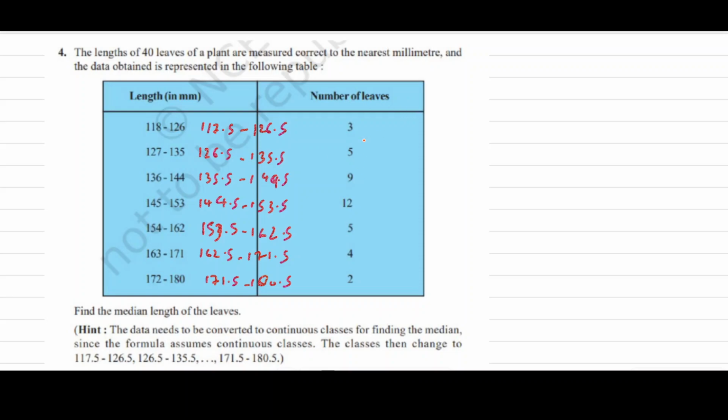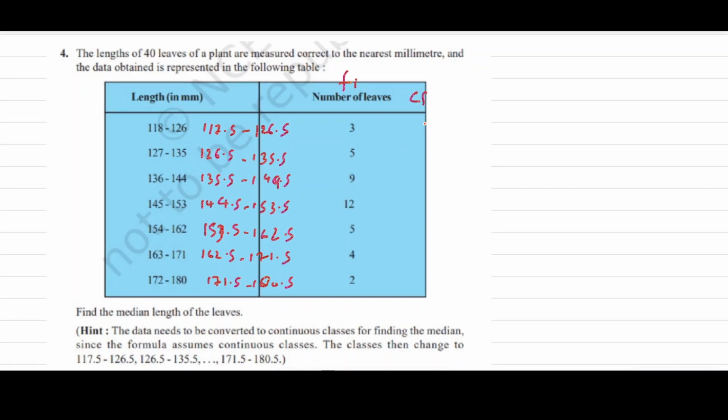Now find the CF. What will be the CF here? That is very simple. 3, 5, 3 plus 8 is 8, 9 plus 8 is 17, 17 plus 2 is 19, 19 plus 10 is 29, then 34, and 34 plus 4 is 38, 38 plus 2 is 40.